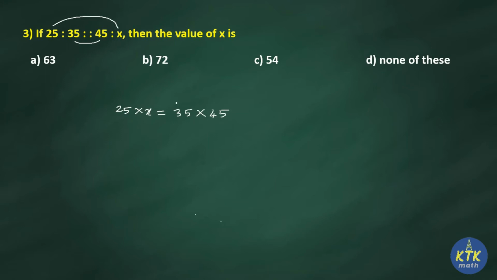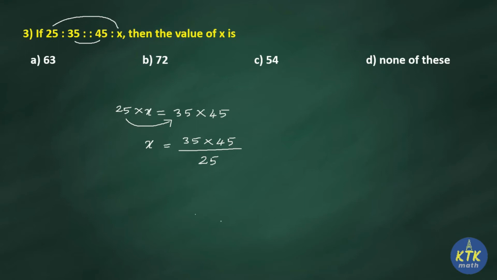From this statement I need to identify the value of x. How are we going to find it? For 35 and 45, there is no need to multiply, I am going to reduce these terms. This 25 is in terms of multiplication, so when I shift it to the right side, it will come to divide. Now you can try to cancel.